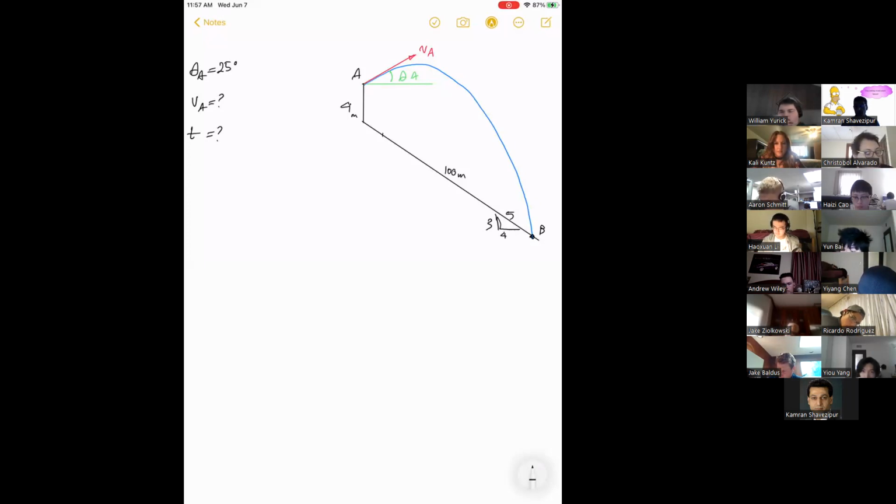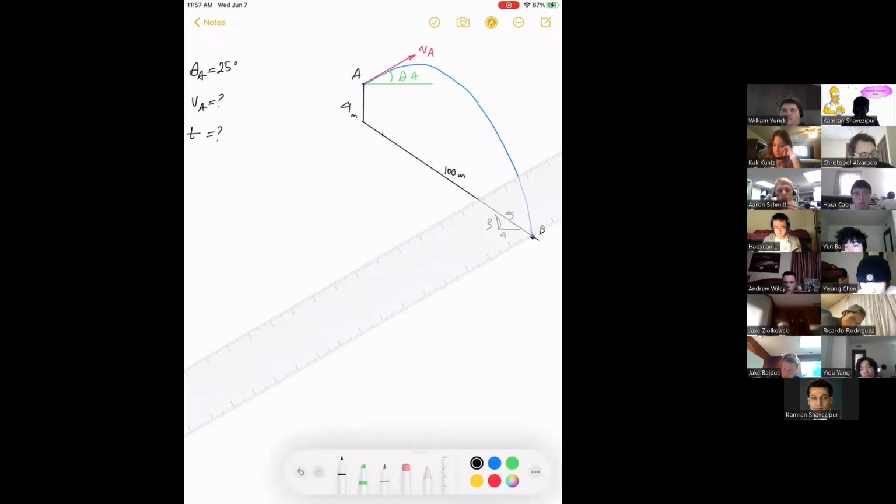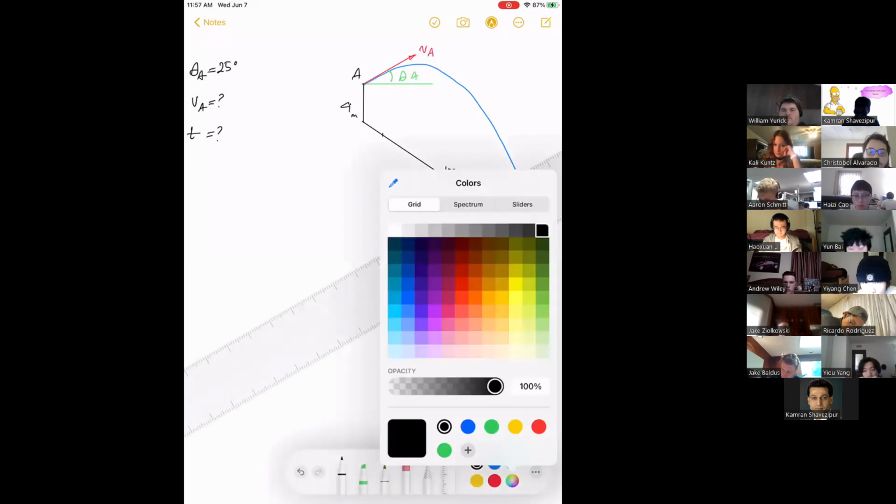The first thing is, remember, we talk about Cartesian coordinate system, right? Where should I put it? Let's just create a Cartesian coordinate system.